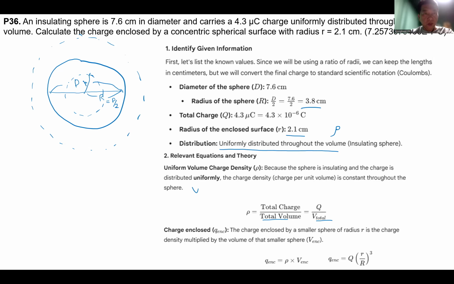And then in this sphere of the small radius r, the volume is given by 4 pi. Okay, and then what you can do is that V total is, so let's try to think about this.